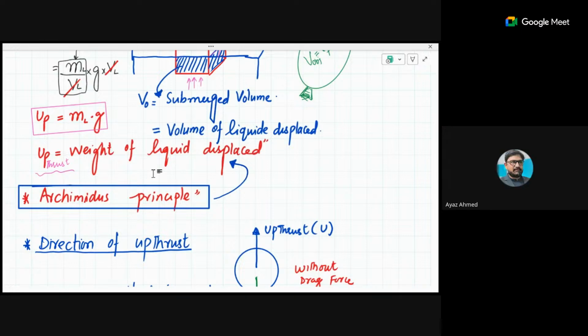Yes, sir. Okay. So when it is equal to the weight of the liquid displaced, we can simply say that it is Archimedes principle, actually. So Archimedes principle is something like this, and we have to perform some calculations on the basis of this.